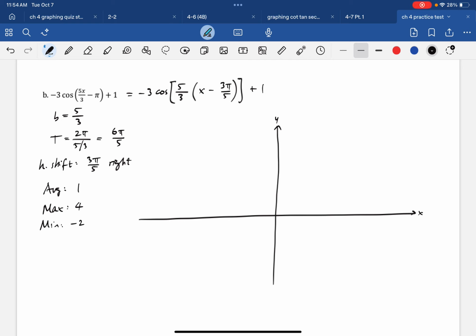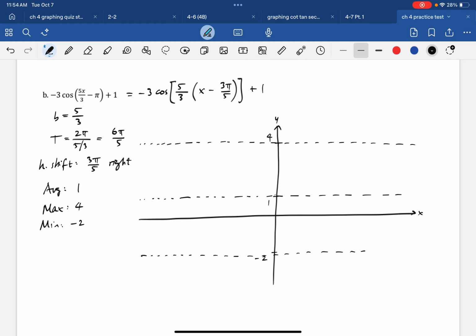I'm going to first graph the maximum, the minimum, and the average. All right, and now I'm going to draw the horizontal tick marks.